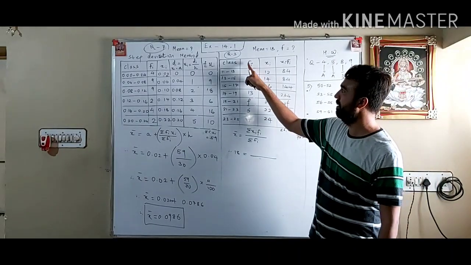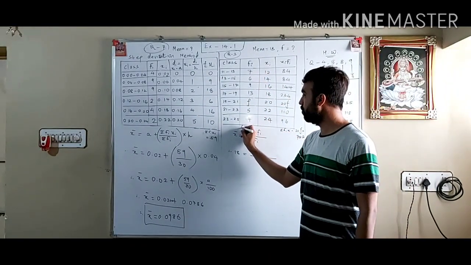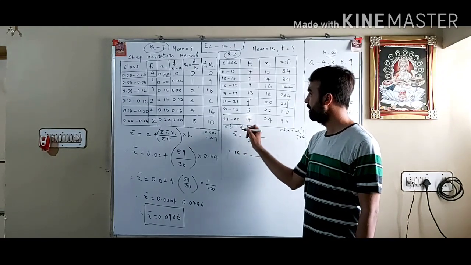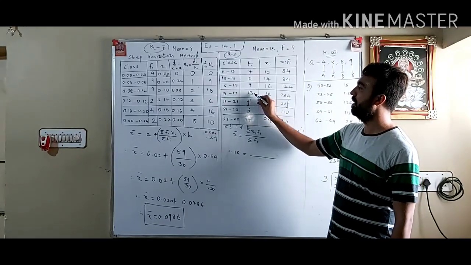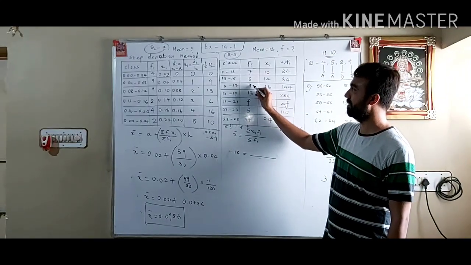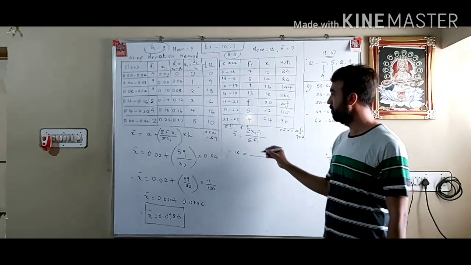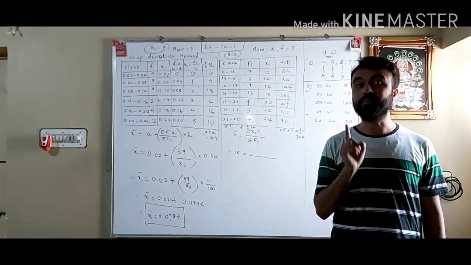ऐसे ही यहां जब इसको ऐड करें तो ये रहा अननोन, इसको रहने दें, बाकी सबको सिर्फ ऐड करें. 4 plus 5 9 plus 13 22 plus 9 31 plus 6 37 plus 7, so 44. So f plus 44.